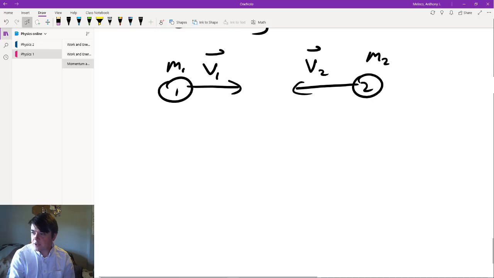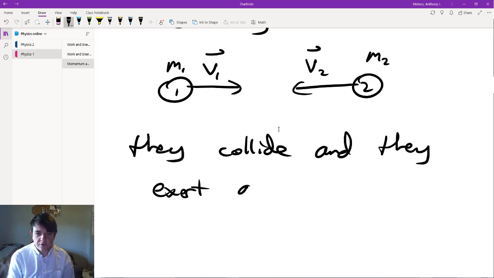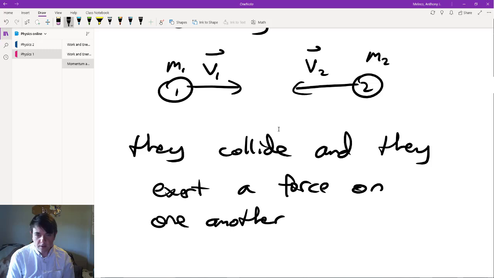As you can see, they're going to collide. So they collide, and because they're colliding, they exert a force on one another.